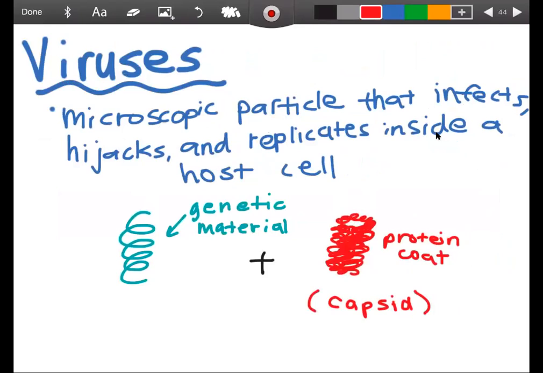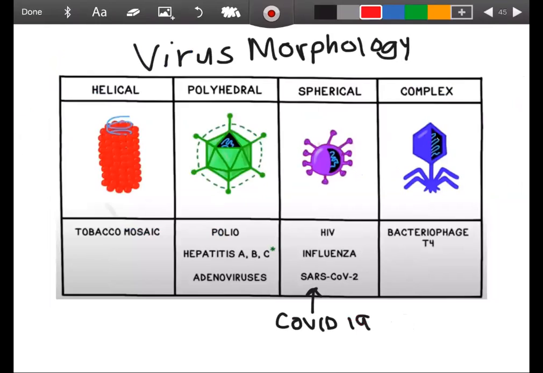So viruses are microscopic particles that infect, hijack, and replicate inside of a host cell. The two main parts of the virus are the protein coat, which is also referred to as the capsid, and within that protein coat, there is genetic material. And there are many different types of viruses, different virus shapes as well.